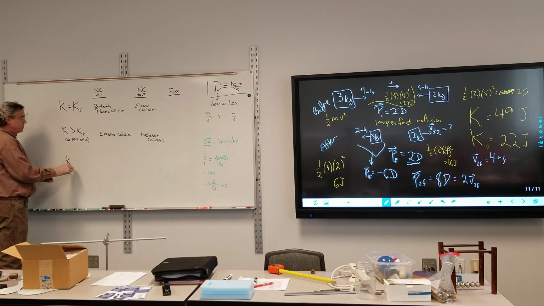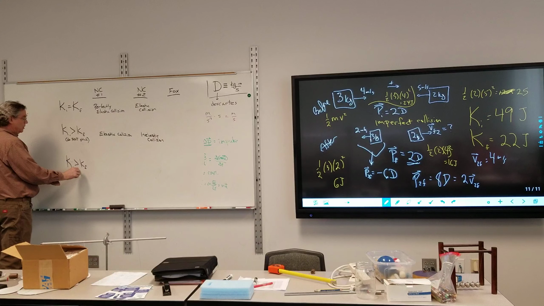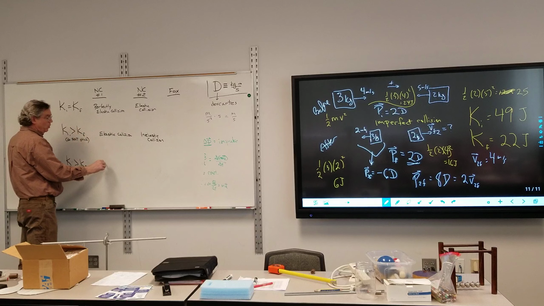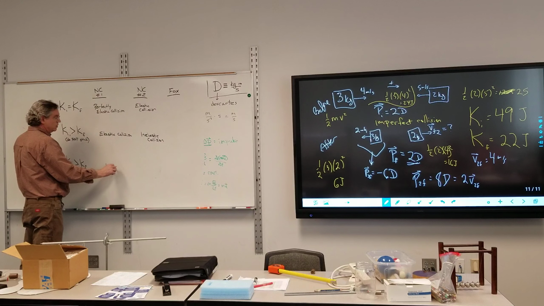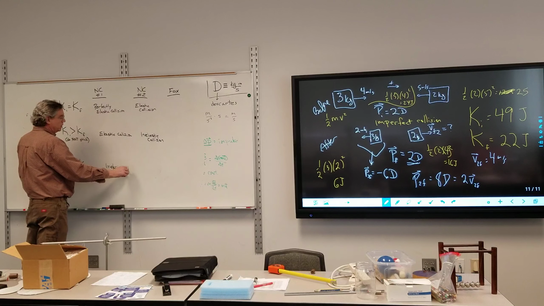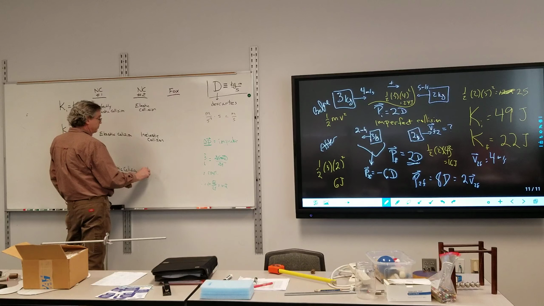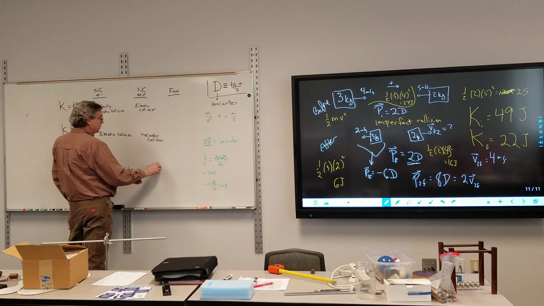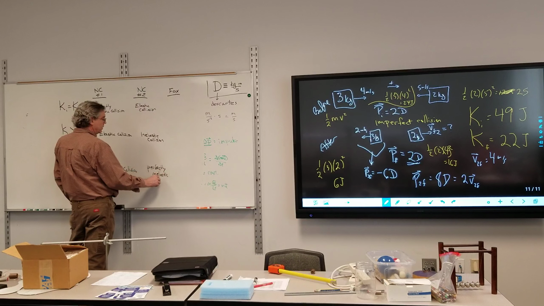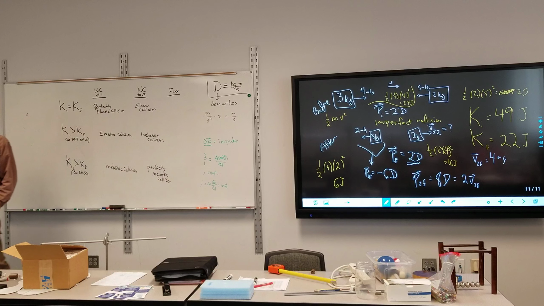If the initial kinetic energy is greater than the final kinetic energy, and they do stick together, under naming convention number 1, this is called an inelastic collision. And under number 2, this is called a perfectly inelastic collision. You can see where potential confusion would come up.